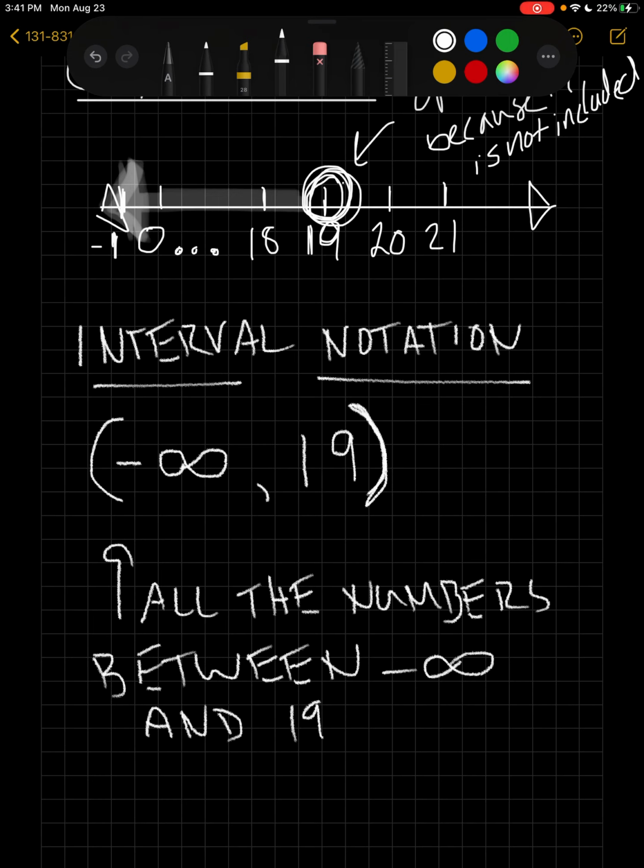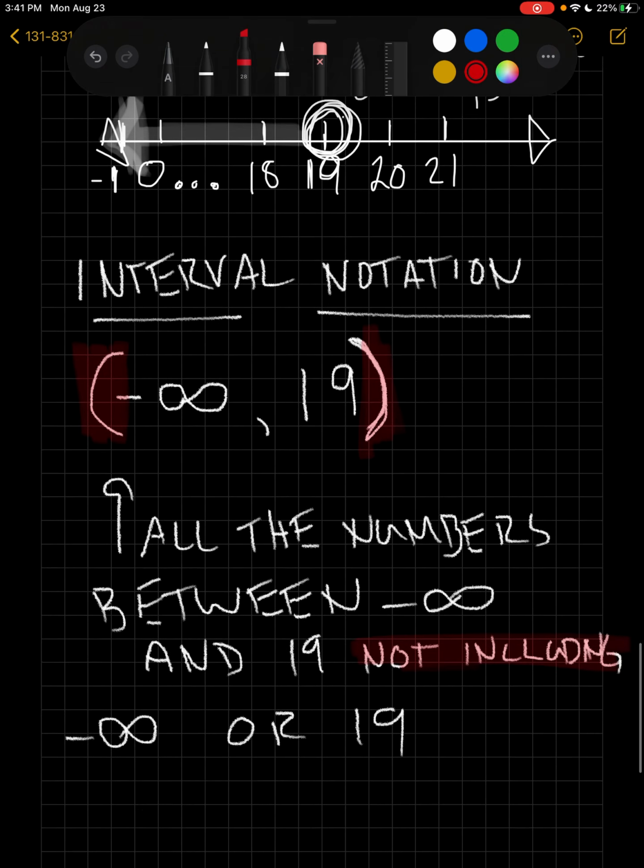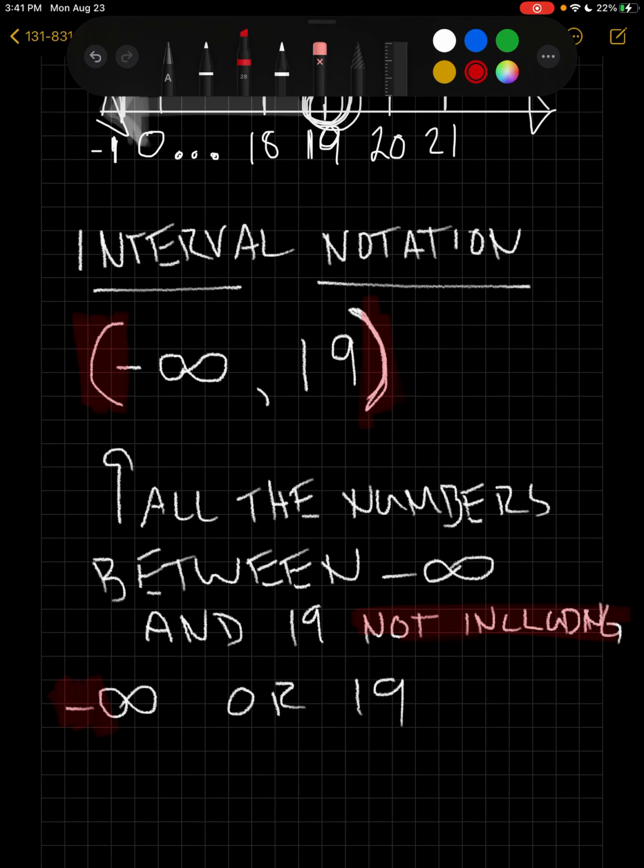Now this means all the numbers between negative infinity and 19, not including negative infinity or 19. And how you know that we're not including these numbers is that you use the parentheses. Parentheses means don't include it. We don't include negative infinity because negative infinity is not actually a number.